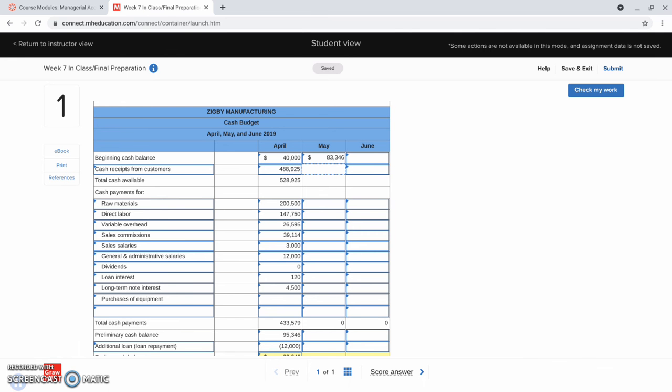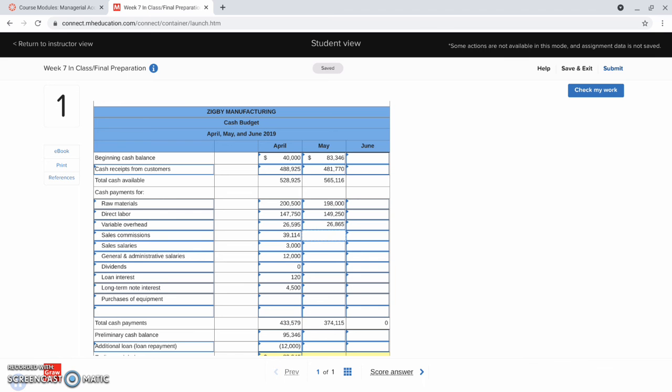So then we have cash receipts from customers of 481,770. Raw materials is 198,000. 149,250. 26,865.